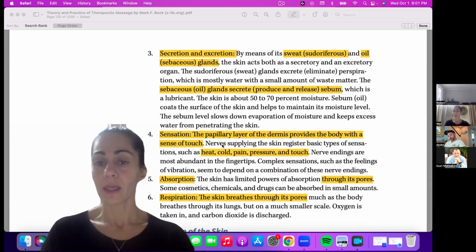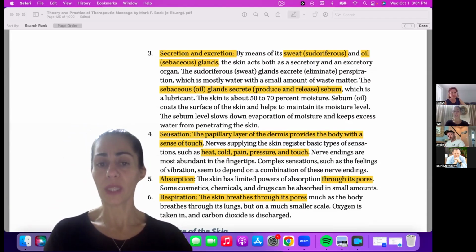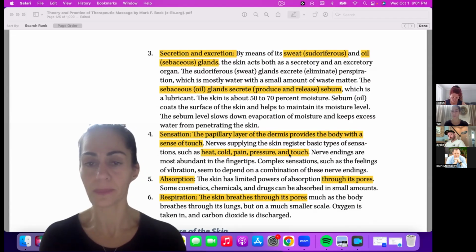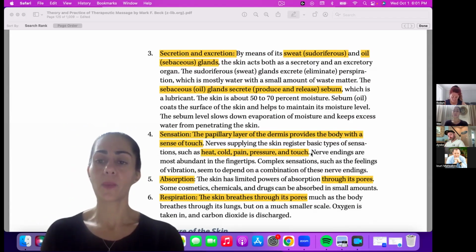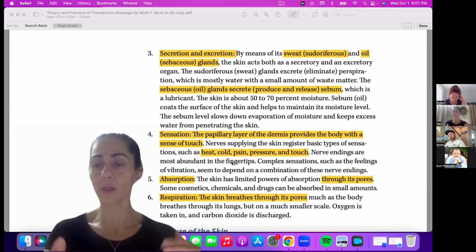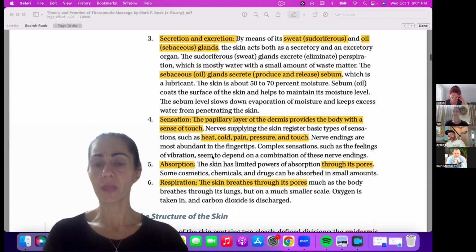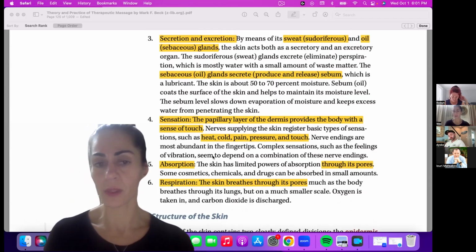We're gonna find nerve supply there. We're gonna find also other things I'm gonna go through in a second, but when it comes to sensation, that papillary layer is going to sense heat, it's going to sense cold, pain, pressure, and all sorts of touch. And the nerve endings that sense all of these things are abundant in the fingertips, also in the lips and the genitalia. The vibrations are going to be detected by other deeper sensory organs.